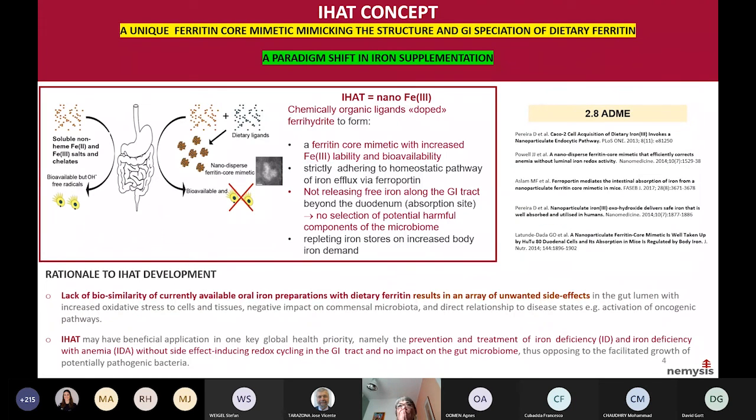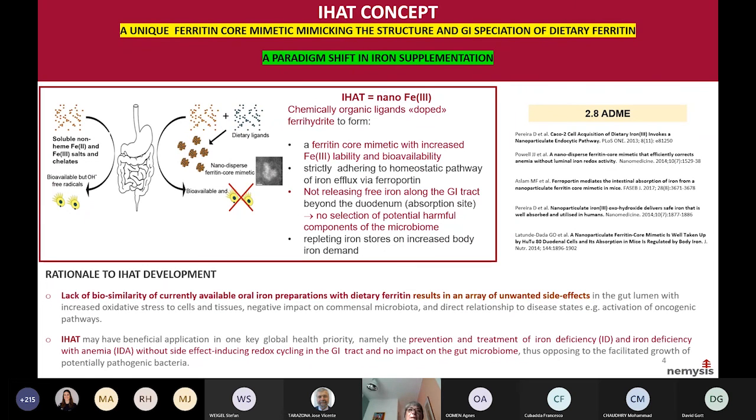What is IHAT? IHAT in principle is a concept, and it is defined as a ferritin core mimetic, mimicking the structure and the gastrointestinal speciation of dietary ferritin. So the concept was ambitious in that we wanted to propose a paradigm shift in iron supplementation by means of the release of iron with nanoparticles.